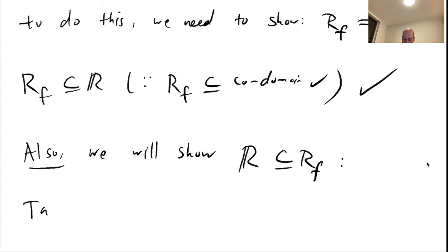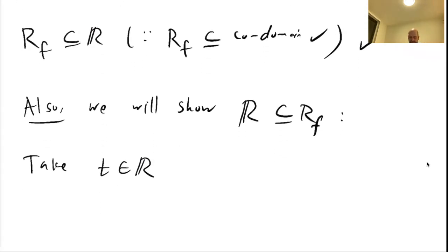So take, let's say y, or let's say t, doesn't matter, you can call it y or t. Let's say t belongs to R. And I want to show that it belongs to the range. How can I show that it belongs to the range? If I can show that t is equal to f of some input, then that means it has to be in the range. So t equals f of x.